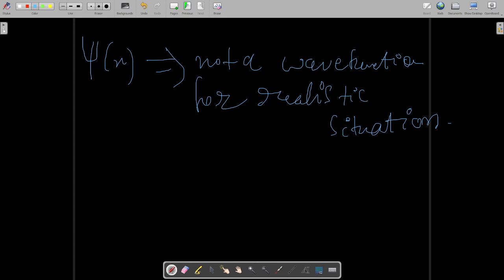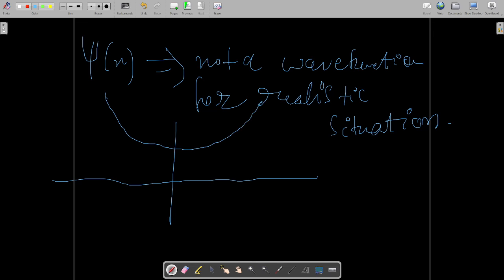Now if you try to draw its graph also in exam, you have to do that. Because this is a very general kind of wave function, so you have to draw its graph. It's a common type of wave function, so its graph will look something like this.